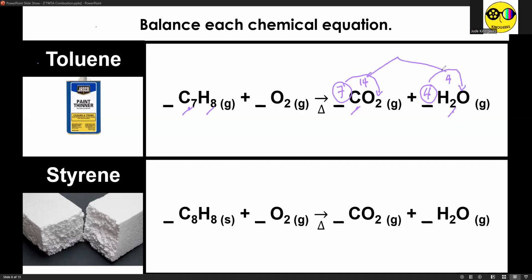So 14 plus 4 will give us 18. And since you only have 2 oxygen atoms at the left side, for 2 to become 18, you have to multiply oxygen by 9, leaving toluene with a coefficient of 1.